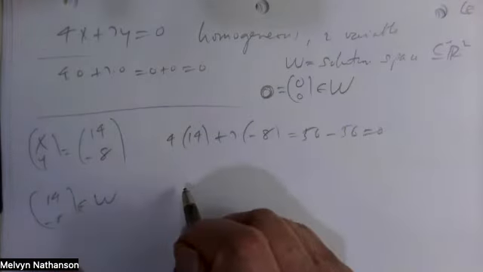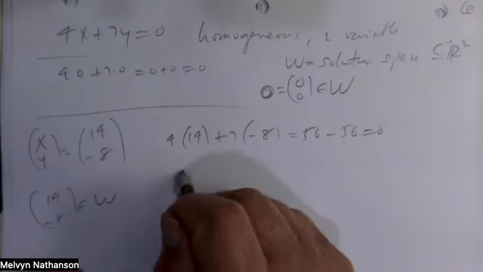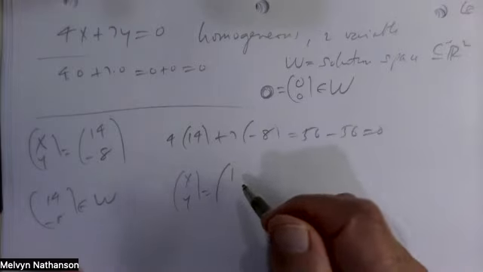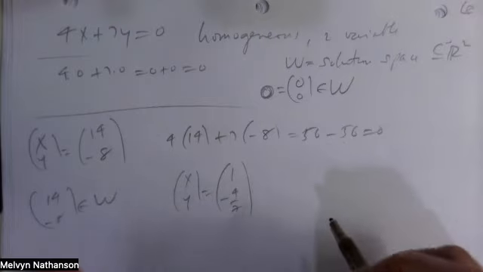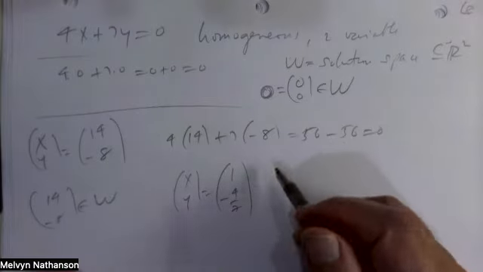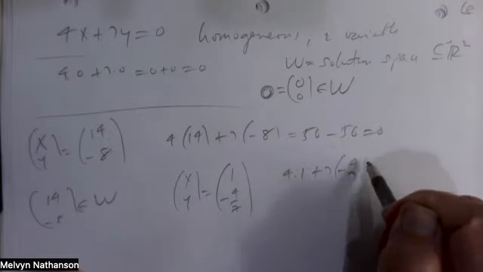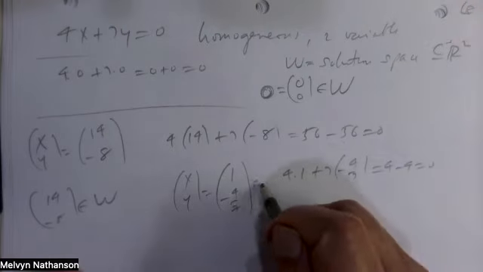What's another solution? I could take x to be equal to 1 and y to be equal to minus 4/7. So 4 times 1 plus 7 times minus 4/7 is 4 minus 4 is 0.